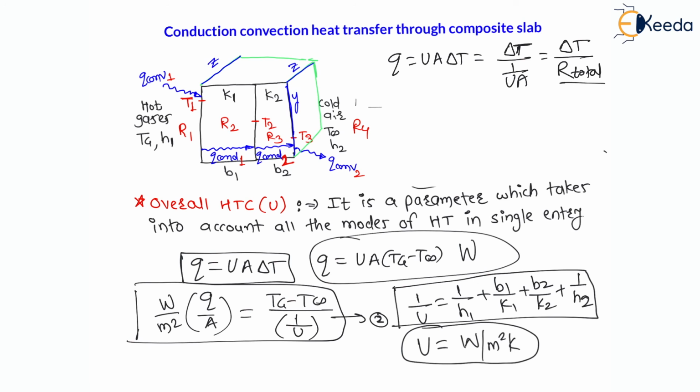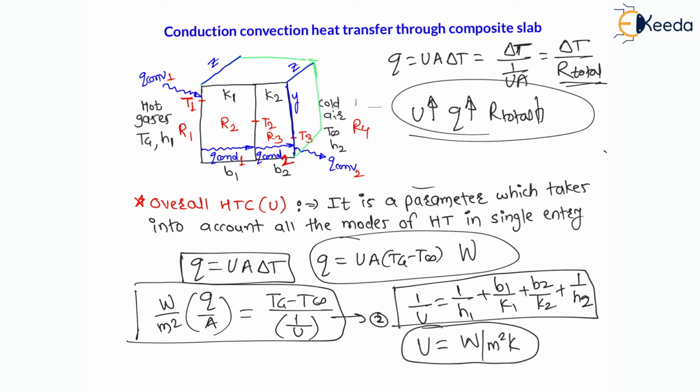Here this is the total resistance, because here we are considering the total temperature difference, delta T is the total temperature difference, therefore it is R total. So my dear students, whenever U is more, that means heat transfer is more, that means the total resistance is less, the total resistance is very less.